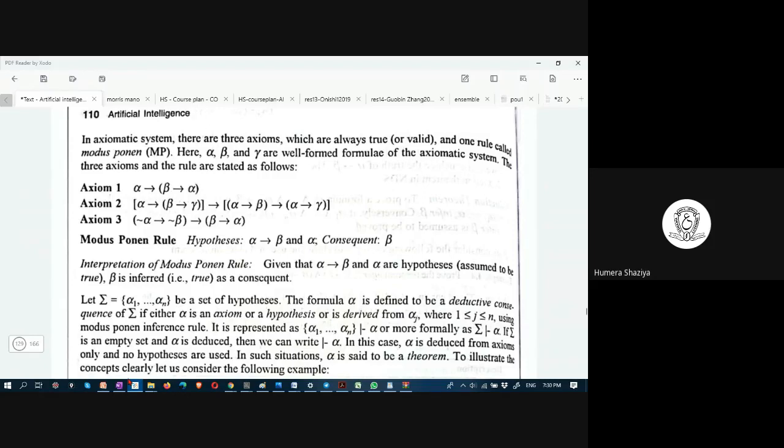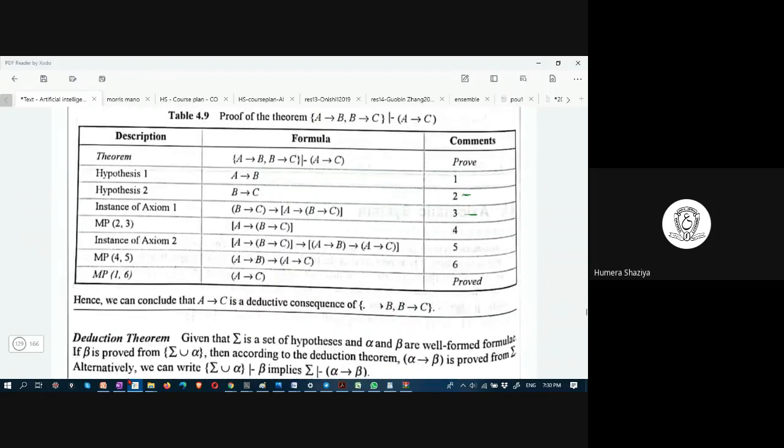This is axiom 2. Now, when we apply that axiom 2, we obtain this: A implies B implies C. You just put alpha, beta, and gamma in these places, then you get that axiom 2.